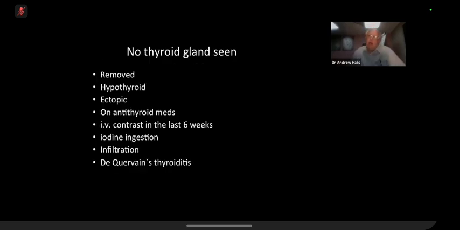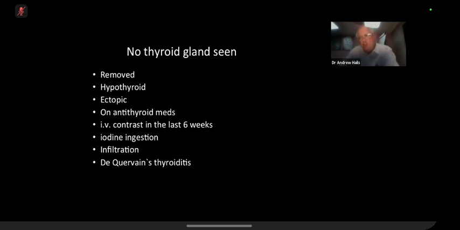Now, clearly, as in most radiology, you don't get told things. You might be asked to do a radioisotope thyroid scan in somebody who's had the thyroidectomy. But there are various causes of not being able to see the thyroid. Hypothyroidism, clearly, as we just saw, de Quervain's thyroiditis, an ectopic thyroid gland, if they're on anti-thyroid medications, or if they've had IV contrast.